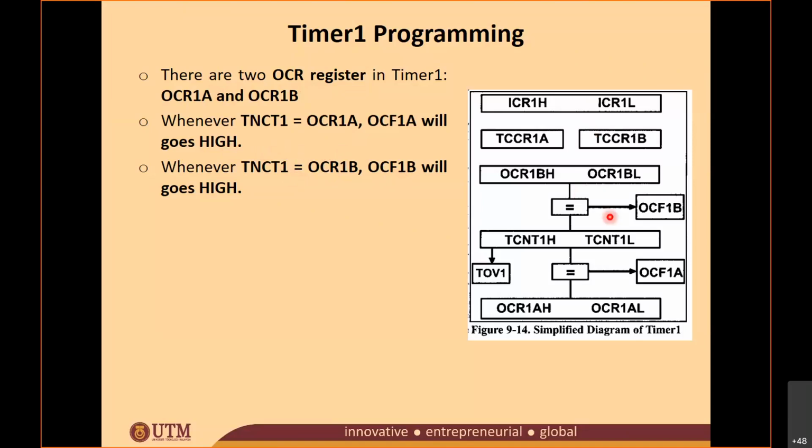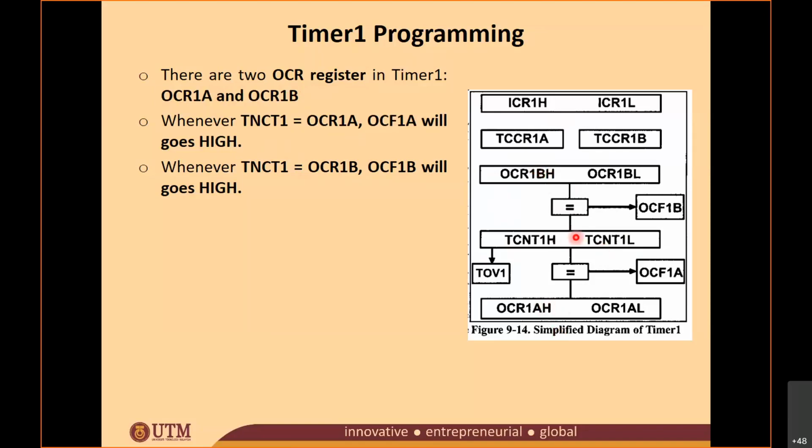So this is the summary of Timer1. This is your TCNT1, with TCNT1 high and TCNT1 low. Then you have two OCR registers, OCR1B high and low and OCR1A.